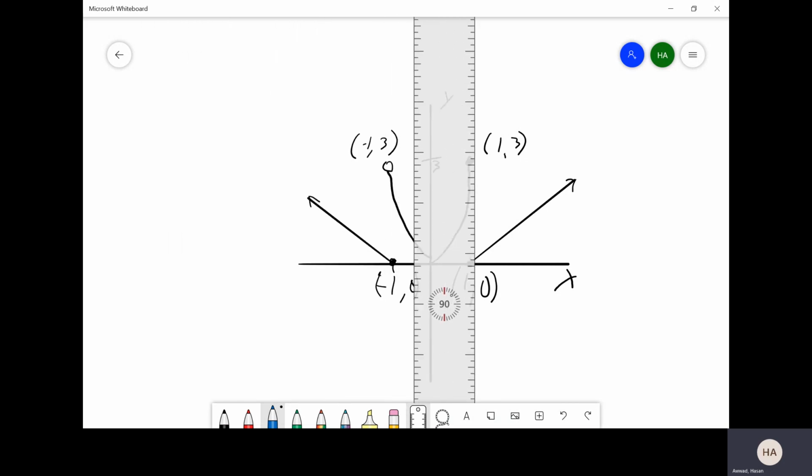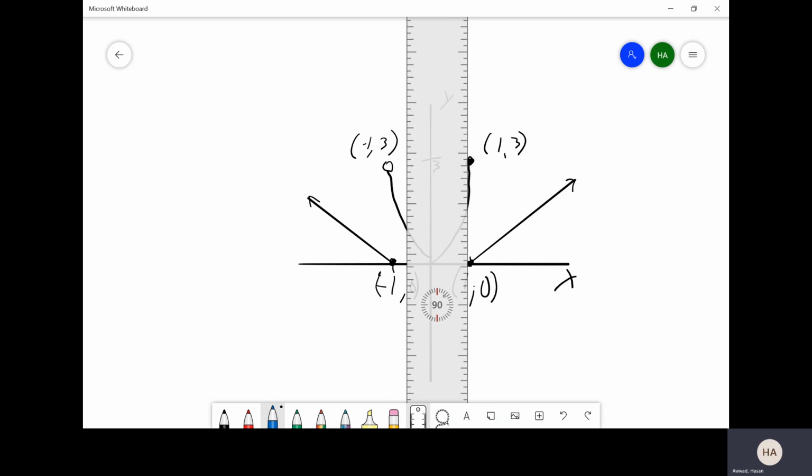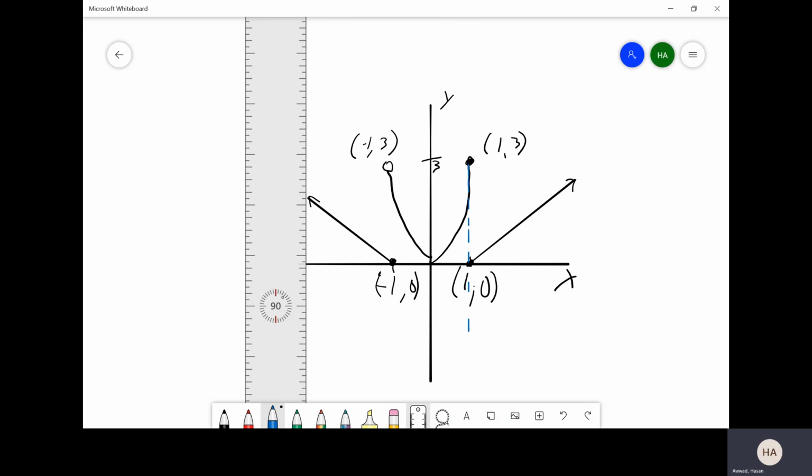Now, the reason this is slightly tricky is, well, what about the other side? Well, the other side, notice here that we have kind of a similar predicament, right? I'm just going to draw a dotted line here. So drawing this dotted line, we see that we have the point 1, 0, which has the x value 1, right? We care about the input more than we care about the output. If our input is repeated, then we have an issue, right? And we also have this point here, which is 1, 3, right?